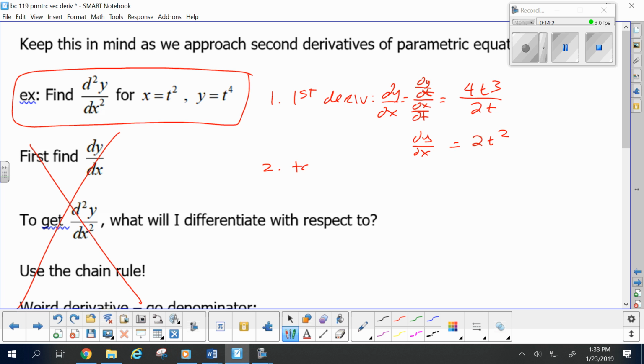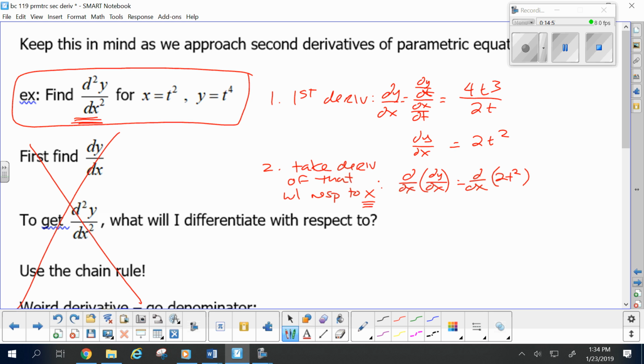Take the derivative of that, but the question is, with respect to what? Well, if I want the second derivative of the curve, then it needs to be with respect to x. If I take the derivative with respect to x of the left side, then I have to take the derivative with respect to x of the right side.